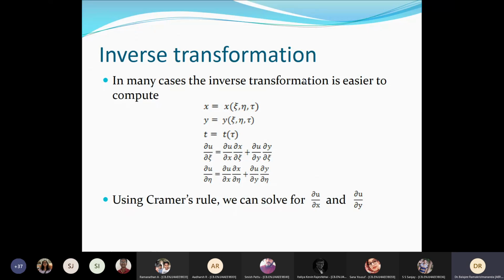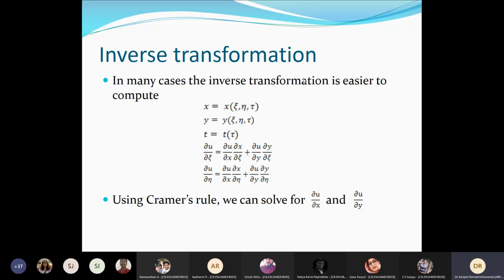So delta x will be your ∂x/∂ξ. ∂y/∂η is y at j plus 1 minus y at j by delta eta. Delta eta is just 1, so that becomes delta y. Delta ξ becomes 1, so that is just 1. It's much easier to compute those. So we can derive a relationship between the inverse transformation and this transformation. That's what is given here.